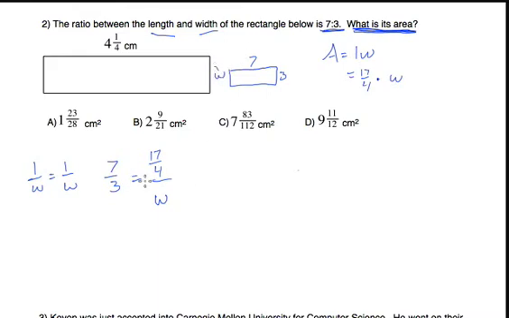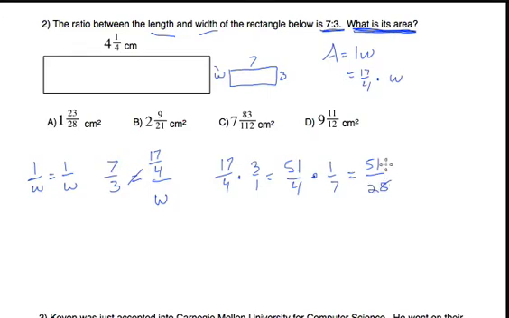So now let's figure out what our width is. 17 over 4 times 3, or 3 over 1, gives us 51 over 4. And then we divide that by 7, or we multiply it by 1 over 7, which gives us 51 over 28.